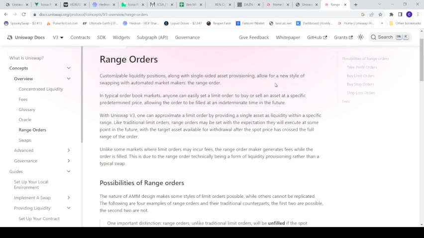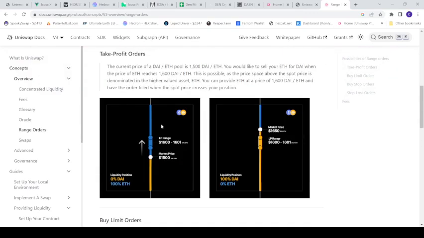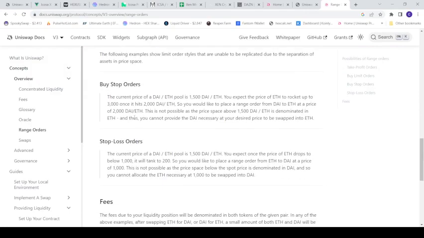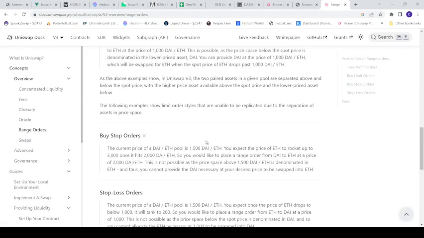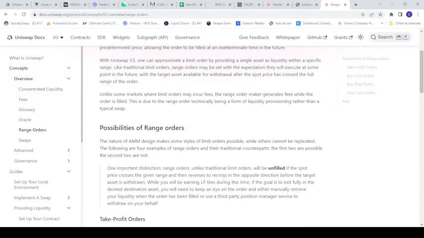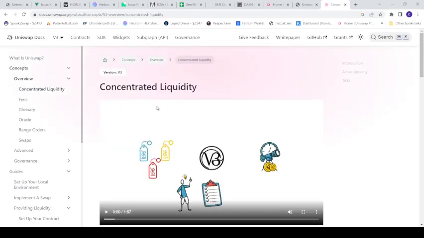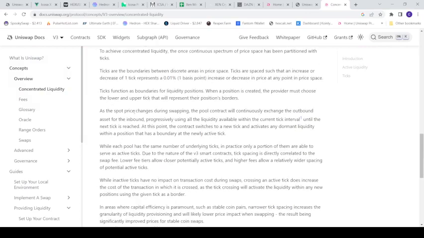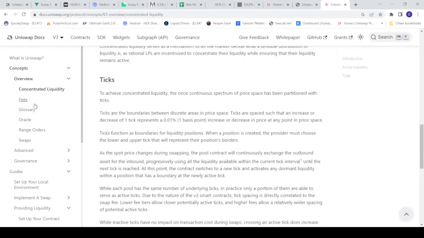It tells you in basic terms how to set up a liquidity position, different types of orders like range orders, buy limit orders, stop loss orders, and so on. It also talks a little bit about the fees and using concentrated liquidity. Just all the basics on how to start doing it.